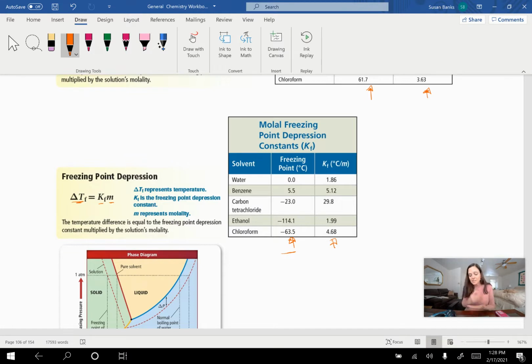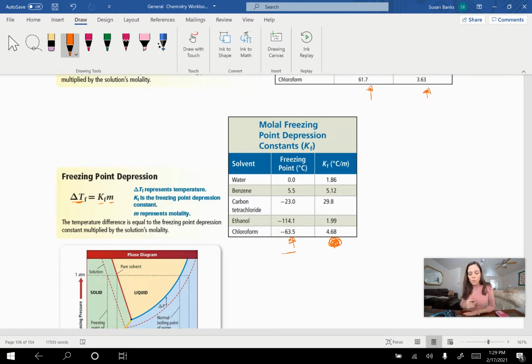Notice water is 0 Celsius. Benzene is 5.5, carbon tetrachloride is negative 23, ethanol is negative 114.1, and chloroform is negative 63.5. Notice the freezing points of the different solvents are very different from one another. And when we look at the freezing point constants, which is this column right here, they are also very different from each other.